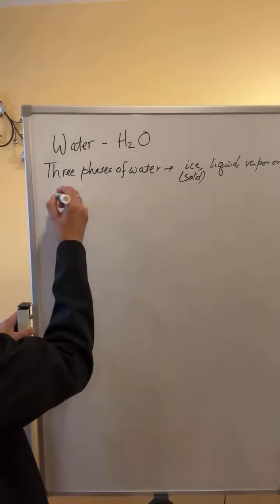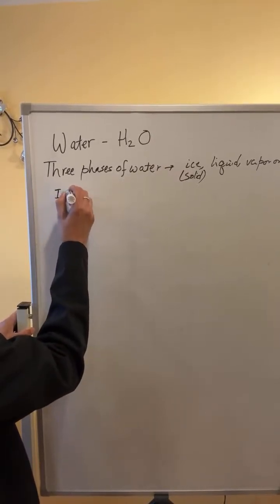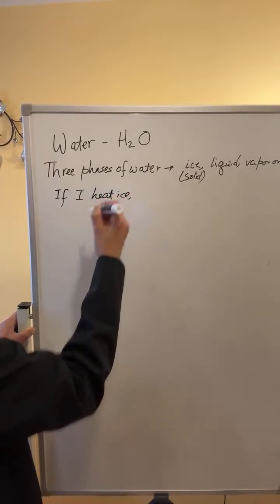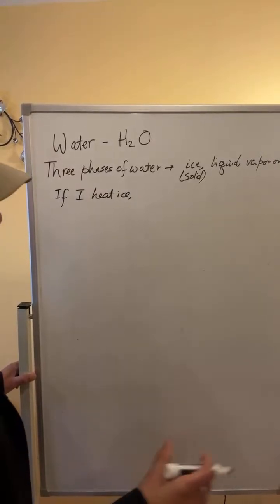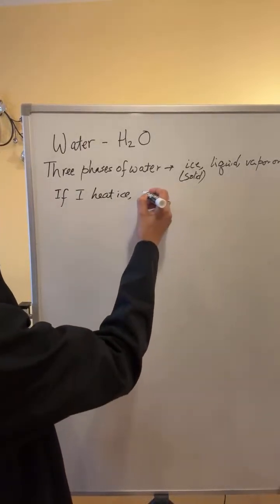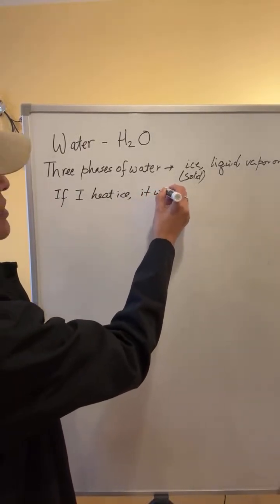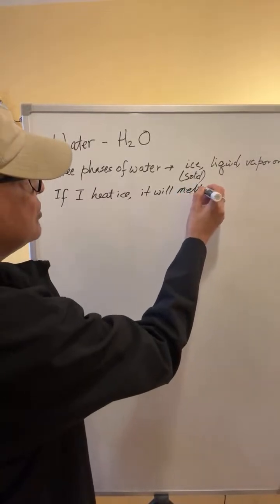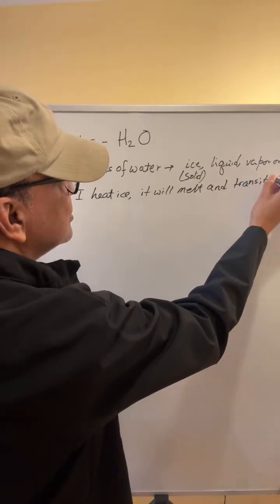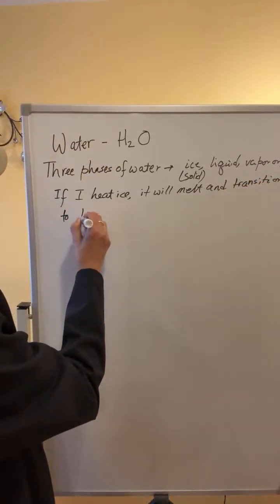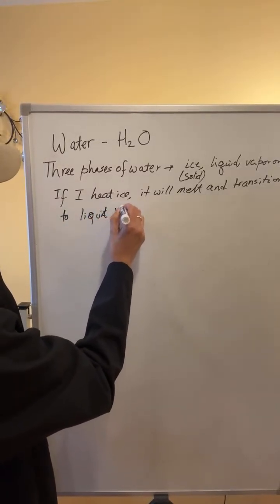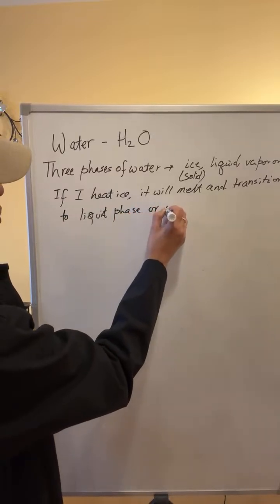It happens, for example, if I heat ice, that is, I put ice cubes in, say, a beaker and warm it up. The ice will of course melt and transition to the liquid phase, or water.